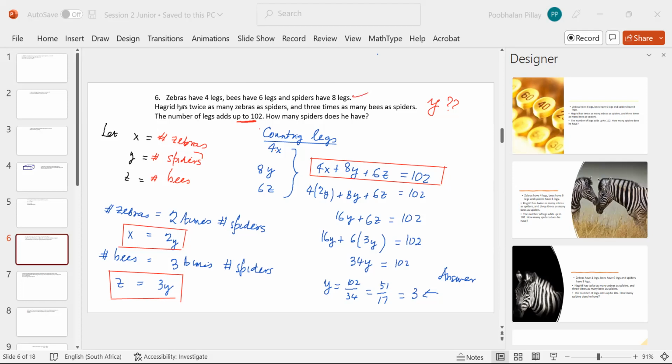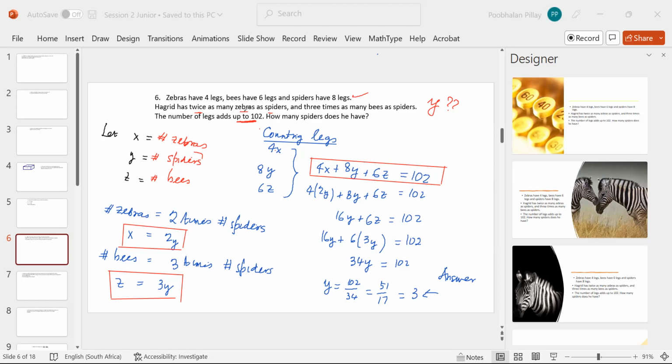Now we are told that Hagrid has twice as many zebras as spiders. What does that mean? In fact, if she's got 10 zebras, she's got 20 spiders. So she's got twice as many.